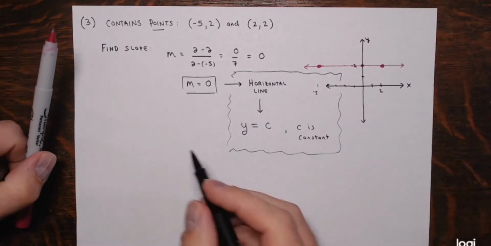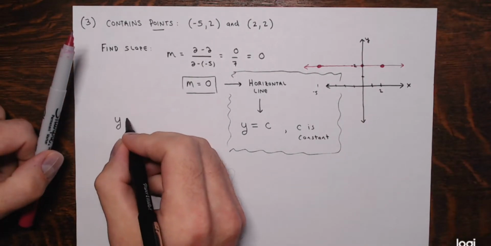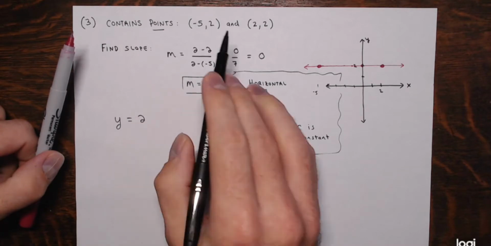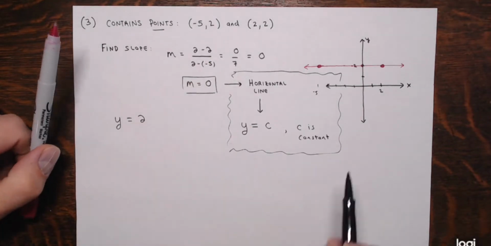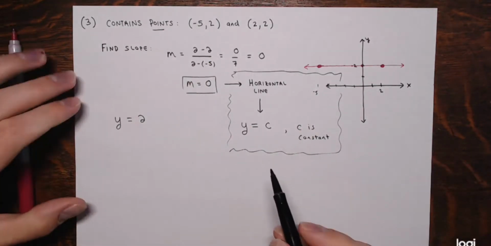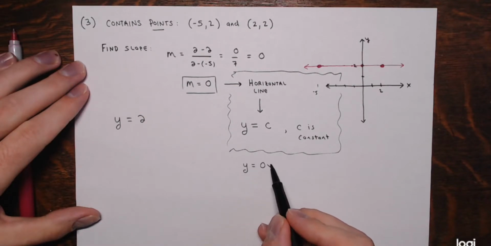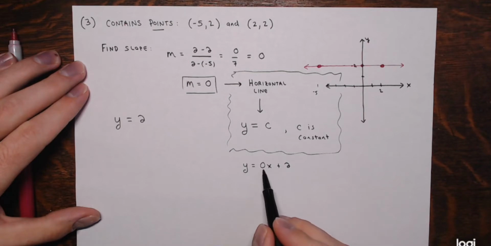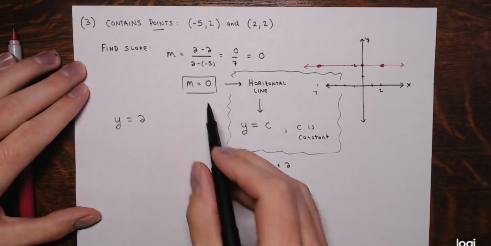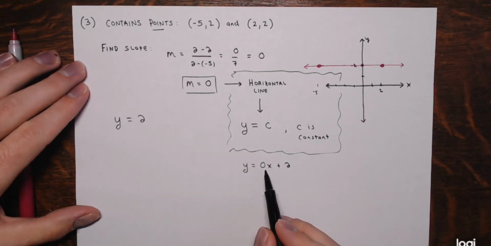So the equation for this line is y equals 2. The y coordinate is always 2. Now if you want to put it in slope intercept form, that'd be y equals 0x plus 2. The slope is 0.